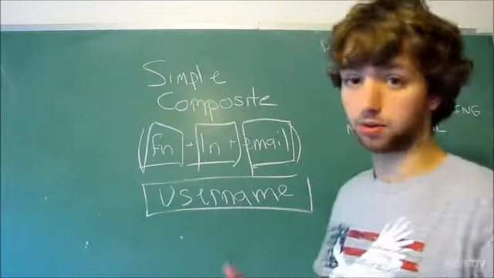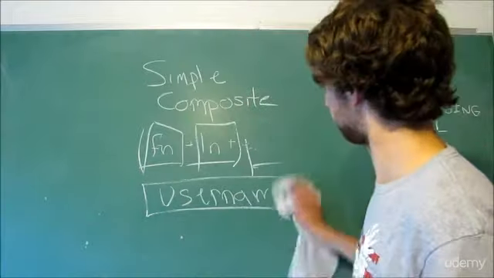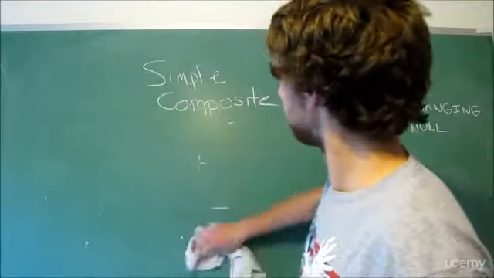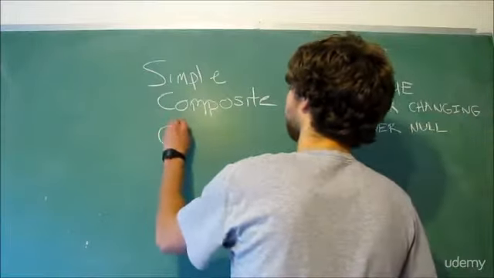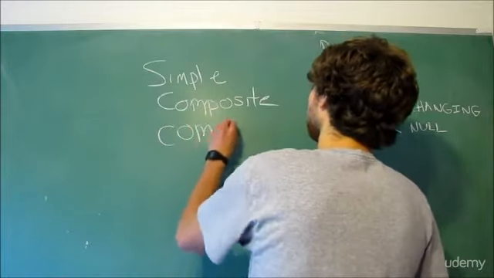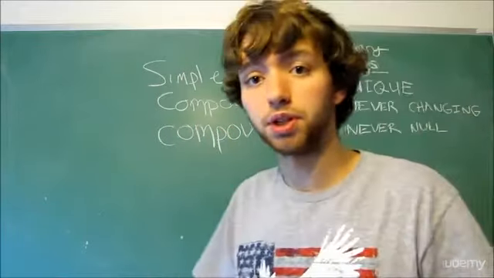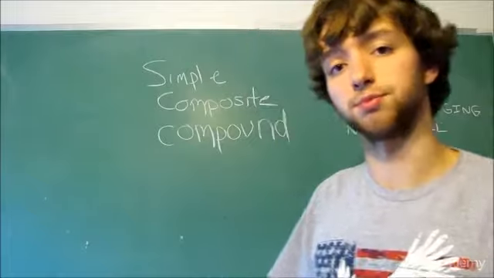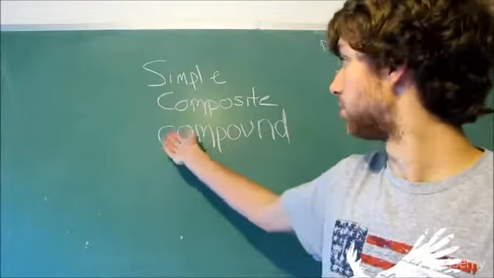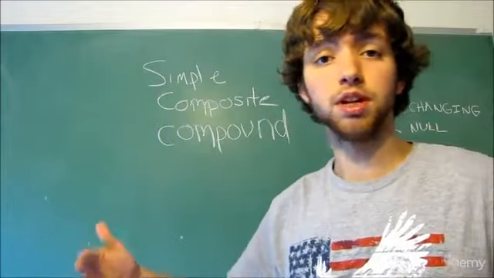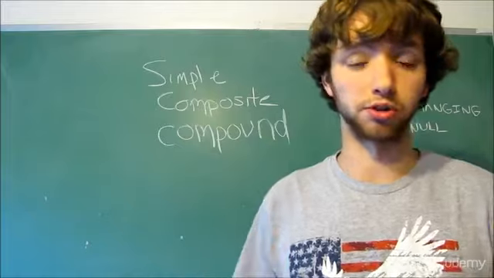Alright, so I want to talk about another term you might run into. And that is compound. Now, I want to clarify that some people and some relational database management systems don't clarify the difference between these two, composite and compound terms, and they just use them interchangeably as meaning a key with multiple columns.